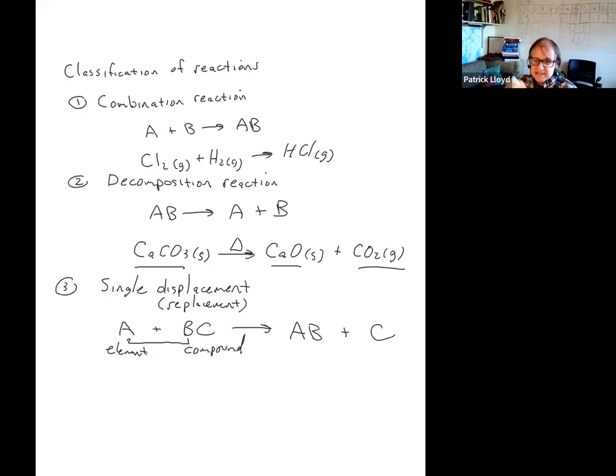It displaced the one that went away, that got separated, okay? So an example of that would be something like this. Zinc, copper sulfate. And what's going to happen here is the zinc is going to combine with the sulfate.